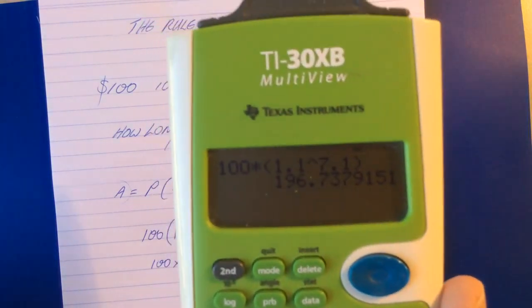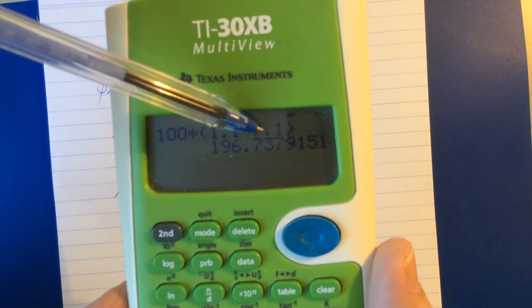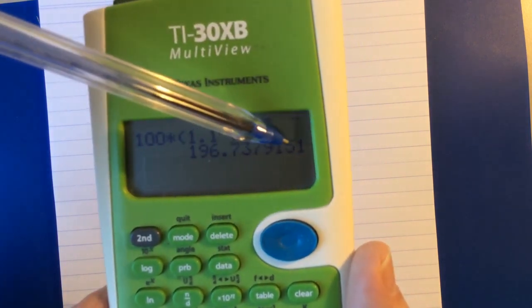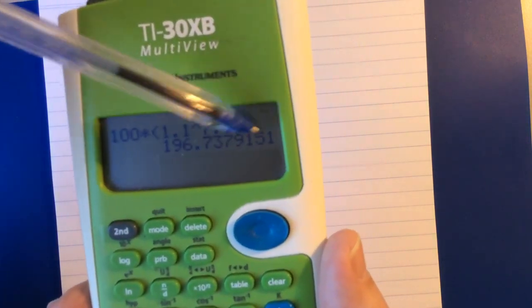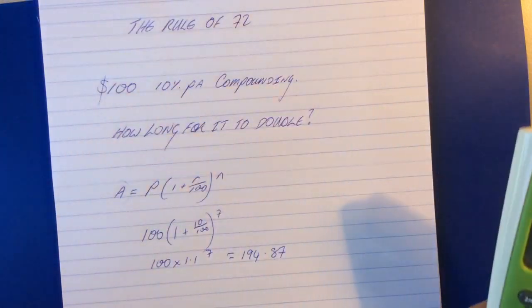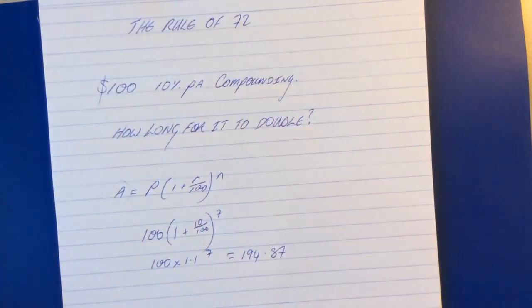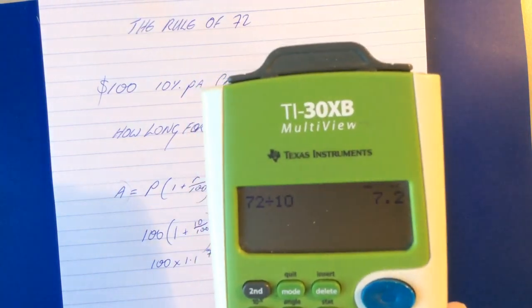You can see that as this number gets a little bit bigger, we're creeping up towards 200, and we probably get there at around 7.3 or something like that. How many times does 10 go into 72? That's the interesting one. It should be pretty straightforward, 7.2.